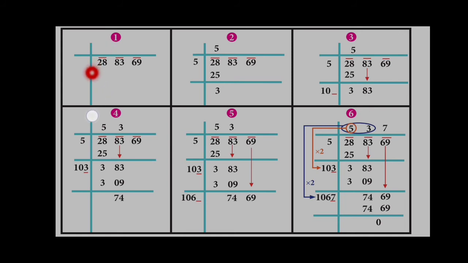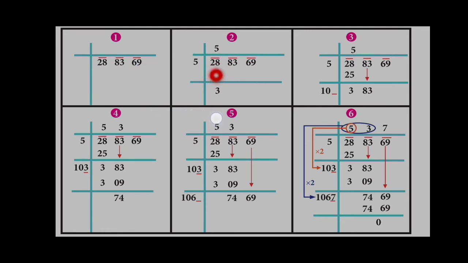So first step is what? We have to separate the number into digits from right corner. So 69 is the last two digits, here 83, here 28. So first we have to separate the numbers into two digits.